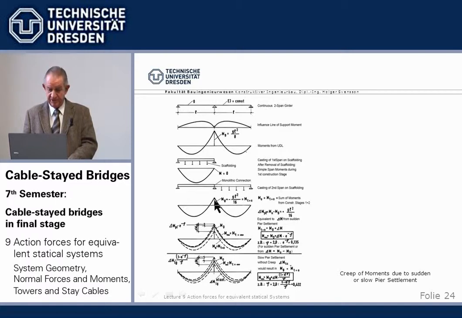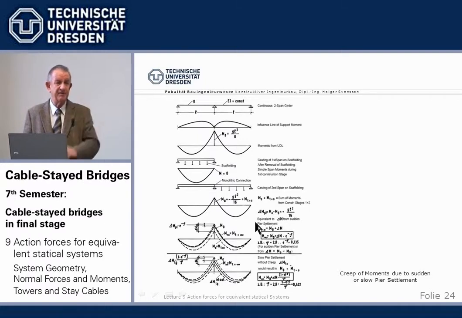If we at the end of construction have a different moment there, then the difference between this moment and the rigidly supported, here we go again, this distance is reduced by creep by the amount delta m times e to the power of minus phi.